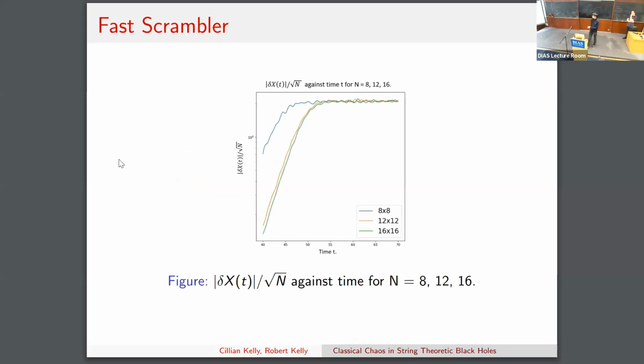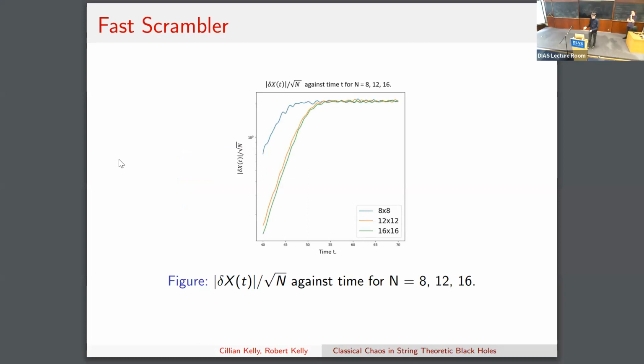Here's the graph for n equals 8, n equals 12, and n equals 16, and they all converge to the exact same point as the scrambling time is reached for each of these simulations. So we found that delta x of t at the scrambling time divided by the square root of n does equal a constant, no matter what n you choose.